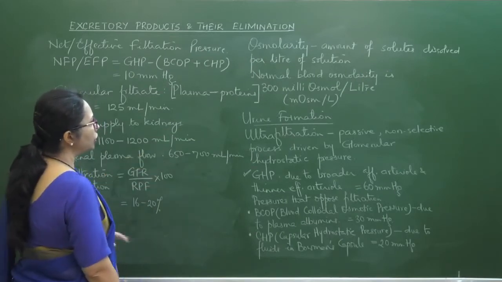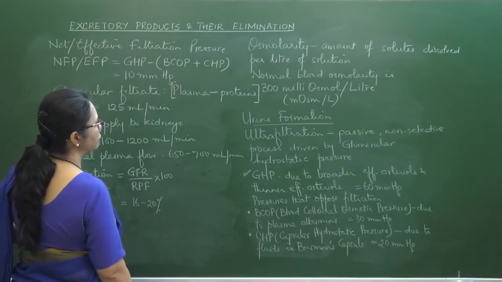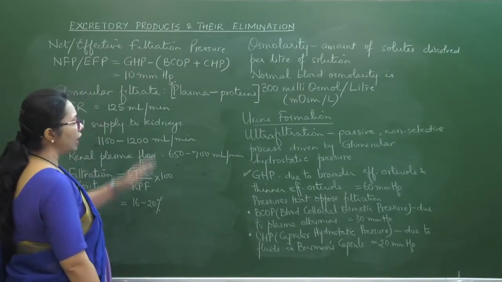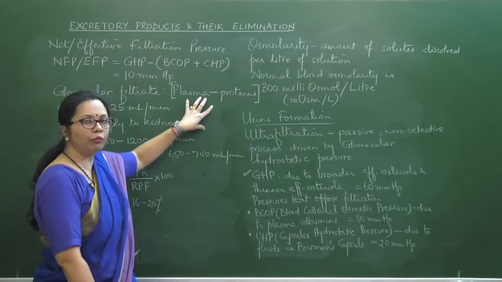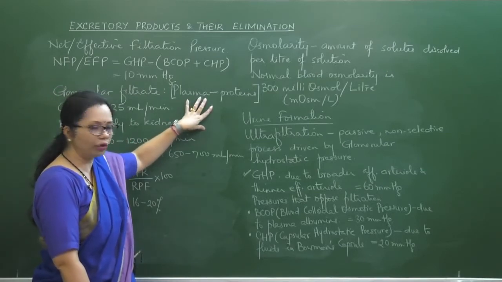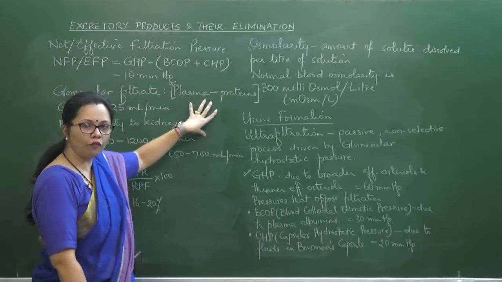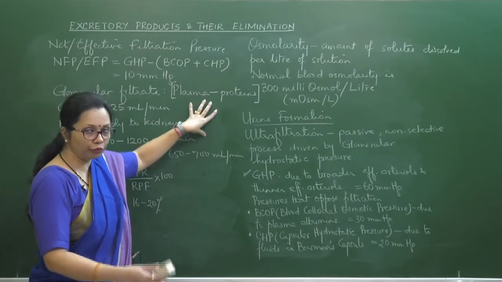So this is one. Then next thing, after this filter, since in the plasma there are a number of things which the body needs, they are not to be excreted out. So now comes the role of tubular absorption.